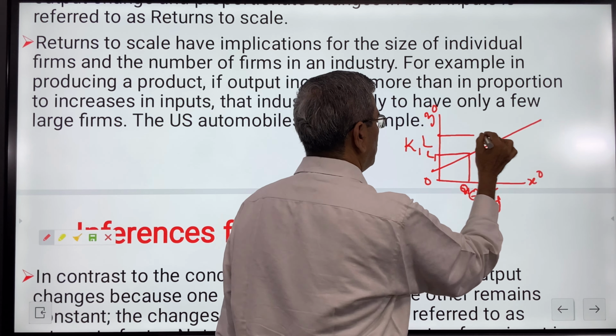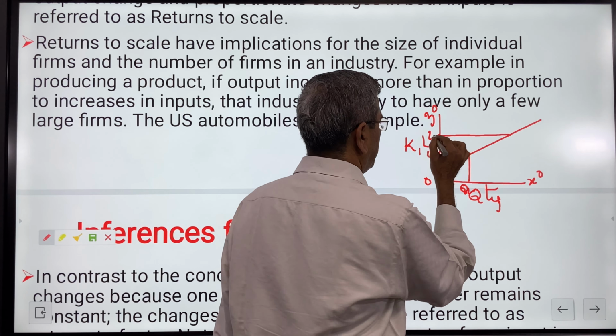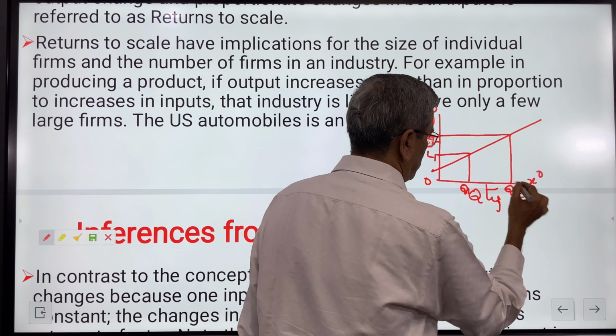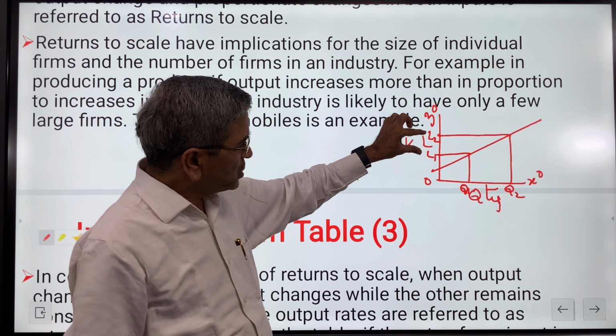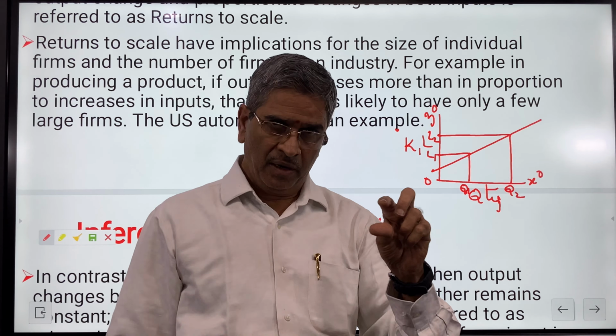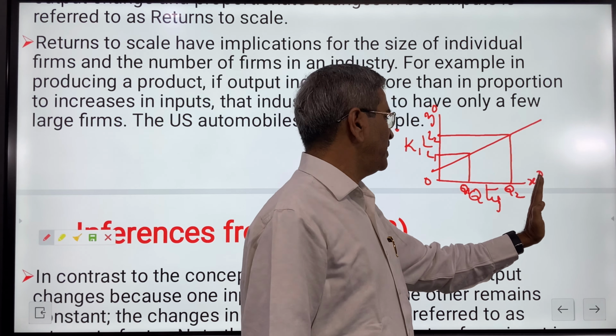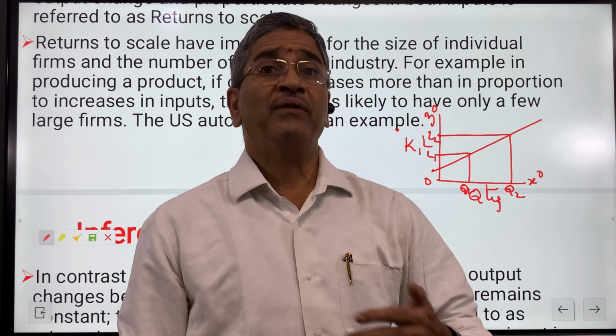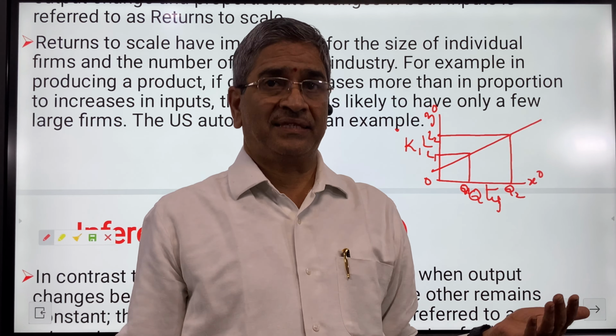And here, if L2 is increased up to here, your output is increasing to Q2. That means the proportion of increase from L1 to L2 is very small, but the proportion of increase from Q1 to Q2 is extraordinarily high. Then we say it is highly elastic.